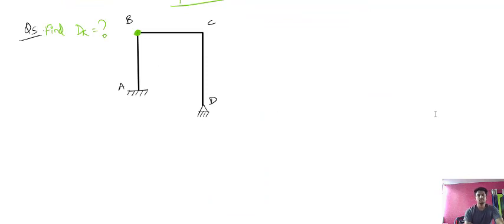This is the other numerical in which this frame is given, where this is a fixed end, this is a hinge, and this is an internal hinge. Now you need to calculate the kinematic indeterminacy. For that, you know that for a rigid frame the value of dk is dependent on 3j minus re plus rr.